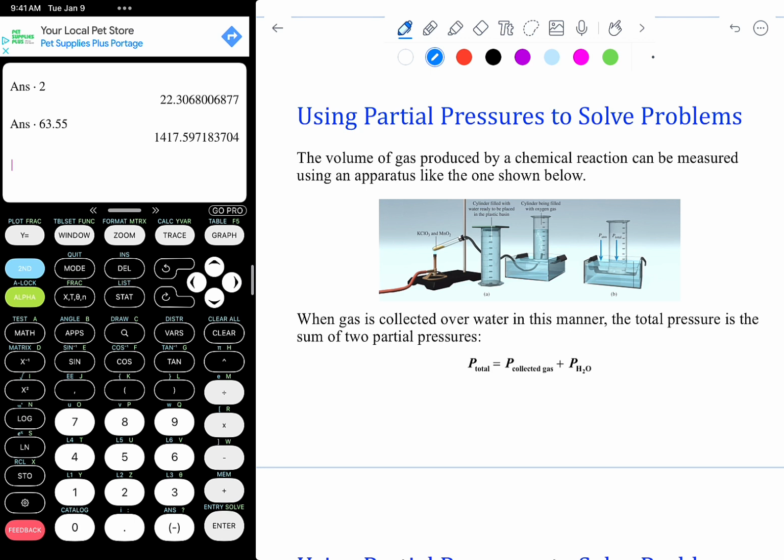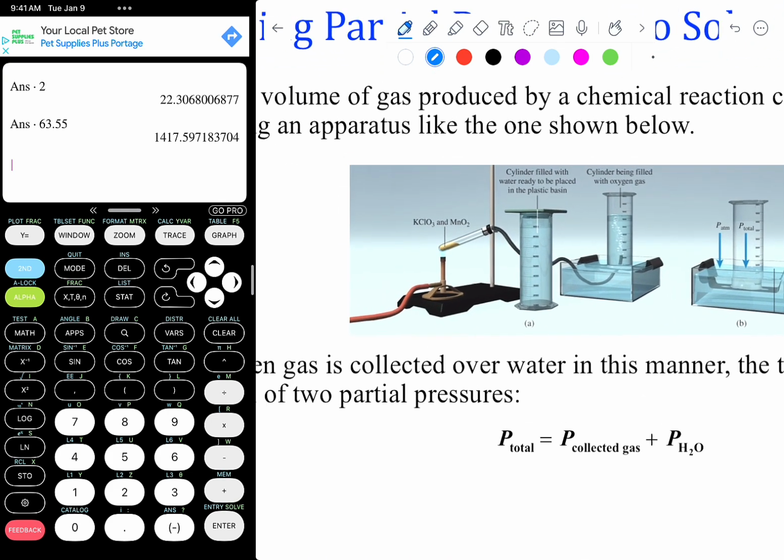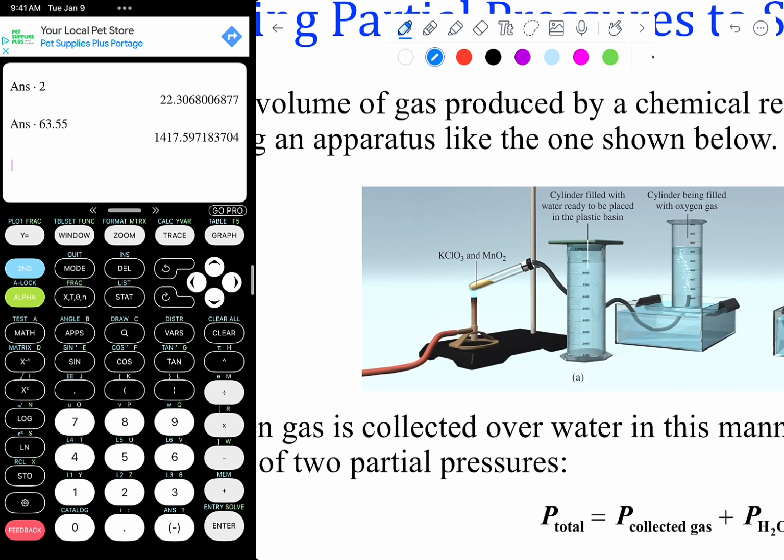So the volume of gas produced by a chemical reaction can be measured using an apparatus like the one shown below. So here we have the reaction happening. So here's where we start. The reaction is happening here. We have KClO3 reacting with MnO2. We're heating it up. And when we heat that up, we produce oxygen gas.